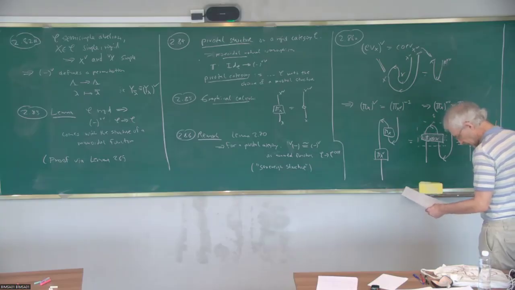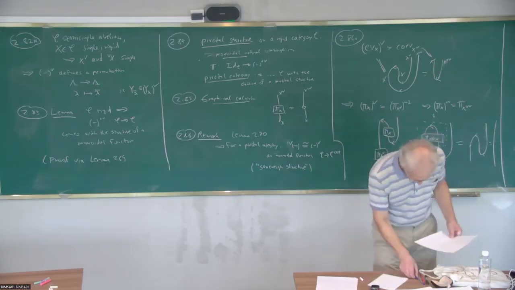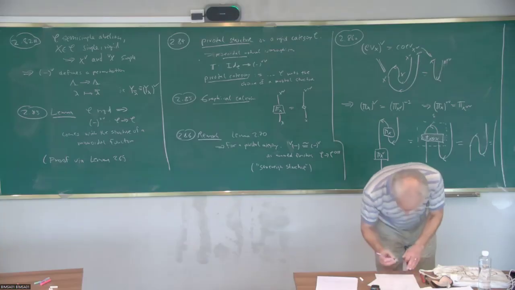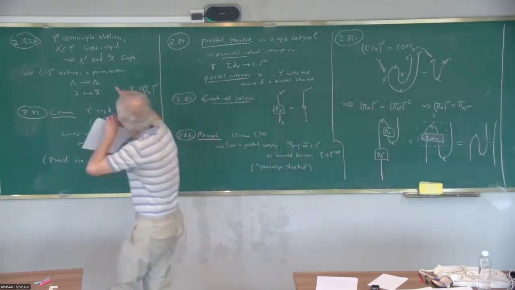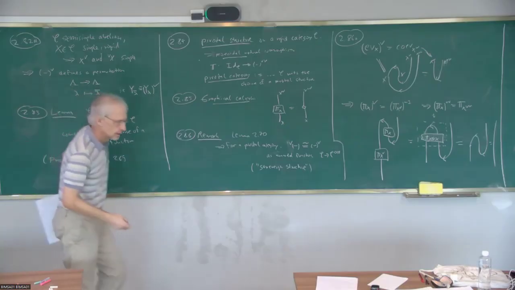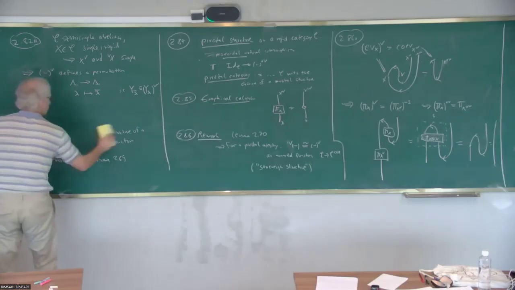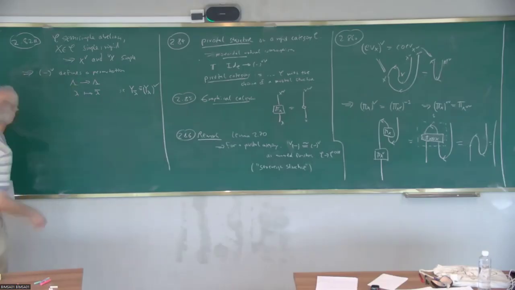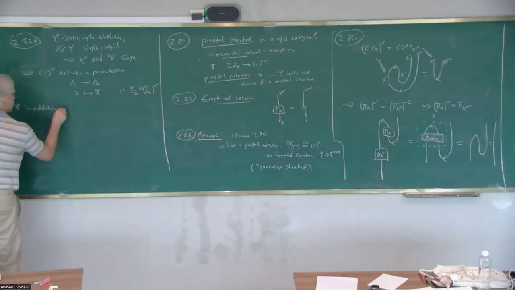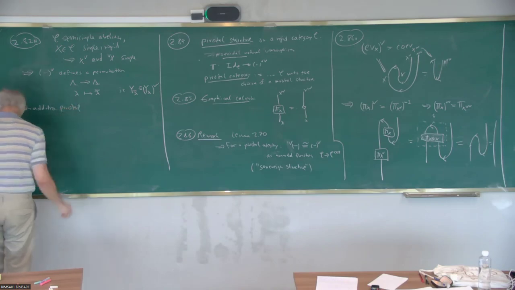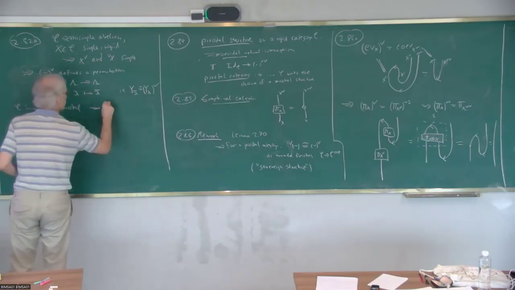And another comment is that if we now look at this result here, then if C is in addition pivotal, then it follows that this permutation is an involution.